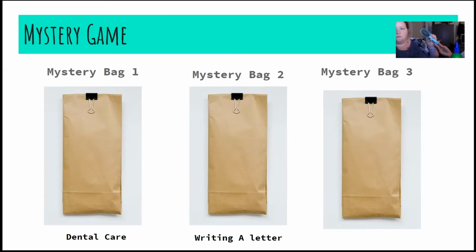A brush. And a hair tie. Detangling spray, a brush, and a hair tie. Adrian, what do you think this mystery bag's theme is? Hair. Like doing your hair, maybe getting ready to brush your hair? What do you guys think?